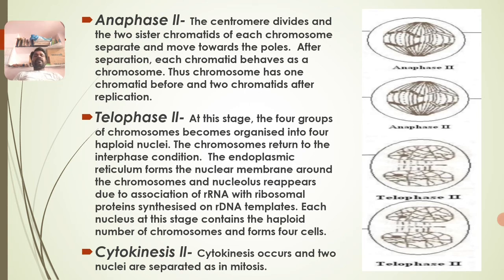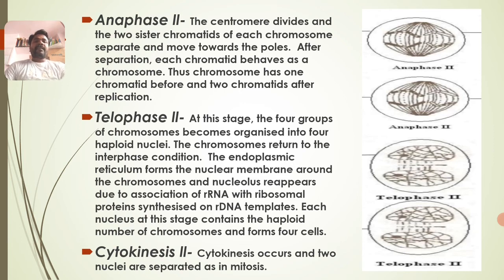The chromosomes return to the interphase condition, the endoplasmic reticulum forms the nuclear membrane, and the nucleolus reappears. Each nucleus contains a haploid set of chromosomes.